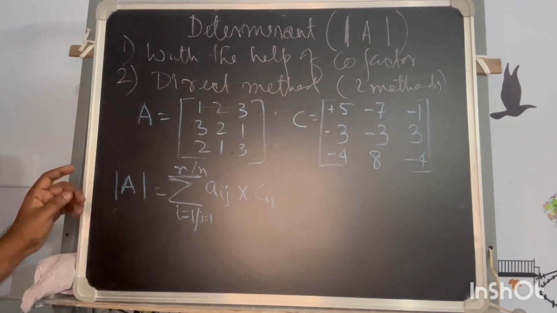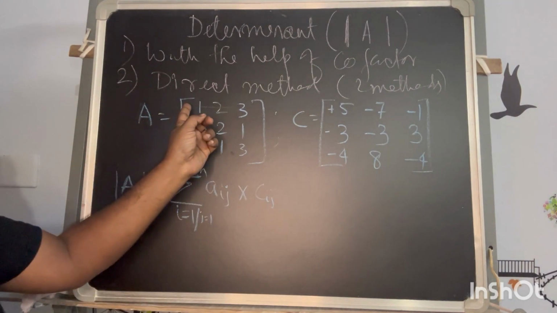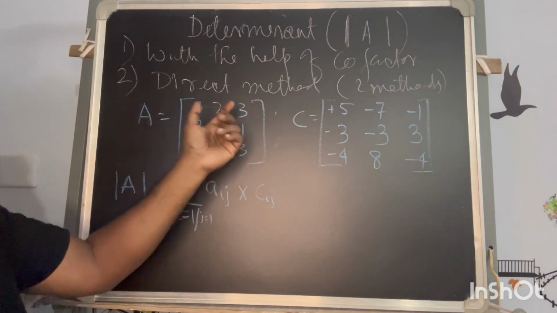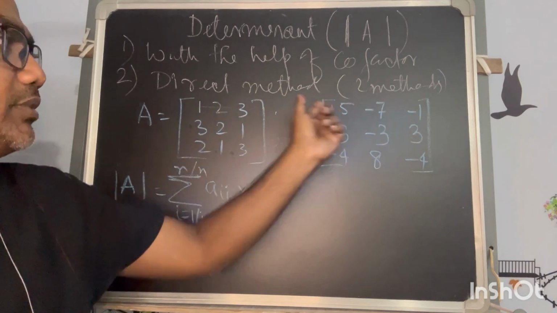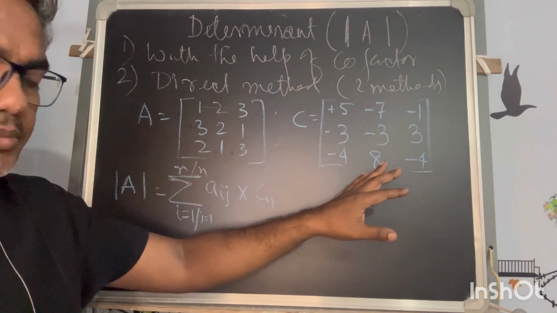So that means, if you are calculating with rows, these rows of the elements and these rows of the elements will be multiplied and summed up.